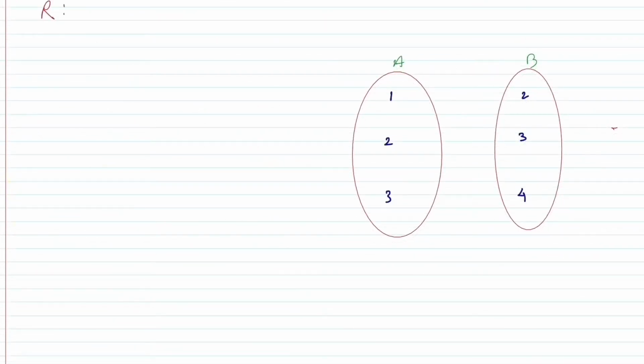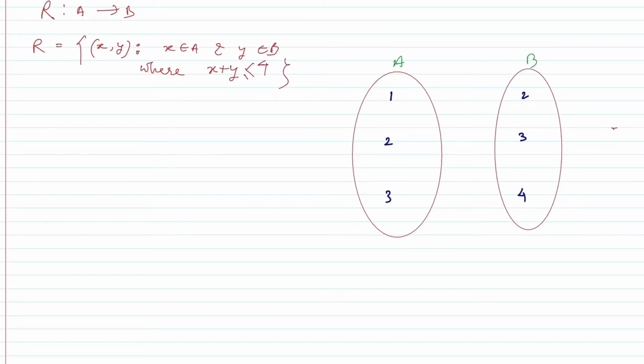Suppose we have a relation from set A to set B such that R is a set of ordered pairs x comma y such that x belongs to A and y belongs to B, where x plus y is less than or equal to 4.